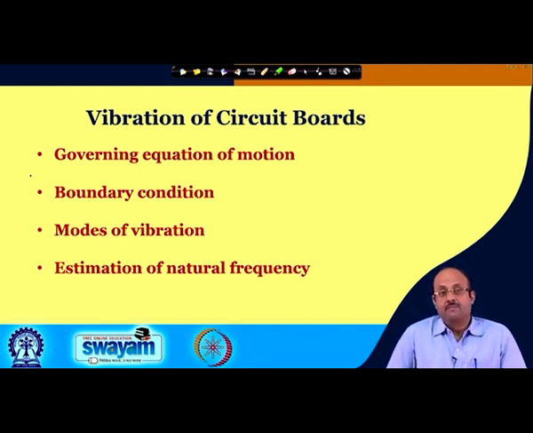First of all, a circuit board is actually a distributed parameter system, unlike the axial leaded component which we have considered earlier, where the mass is concentrated at one particular point, and the other member, that is the wire or lead, was considered to be a massless beam, whereas a circuit board is actually a distributed mass system.